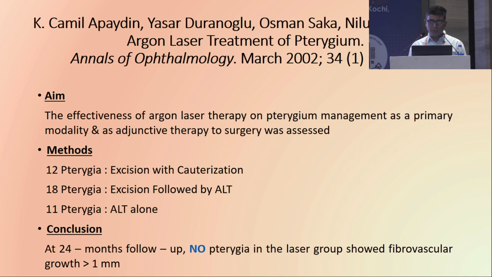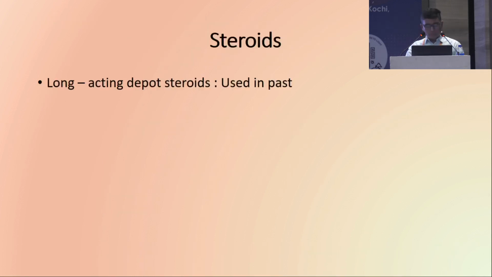In the next group, after excision, they applied argon laser treatment. And in the third group, they used only argon laser treatment. They concluded that in the argon laser treatment group, no pterygium grew more than 1 millimeter in the next 2 years. But there are not many studies found.